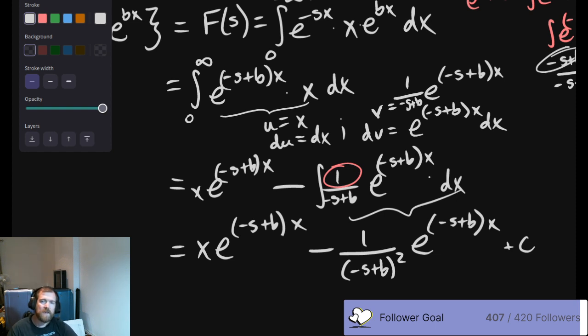But in the realm of Laplace transforms, I don't think we end up, no, we don't end up with the constant here, because if you end up reversing the Laplace transform, you're taking a derivative, and so it knocks that off there.